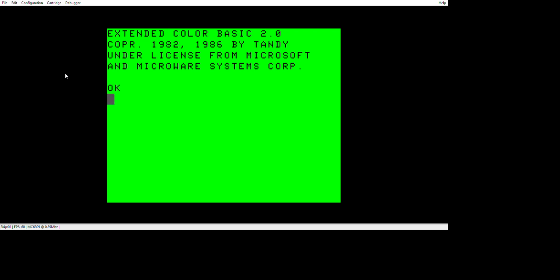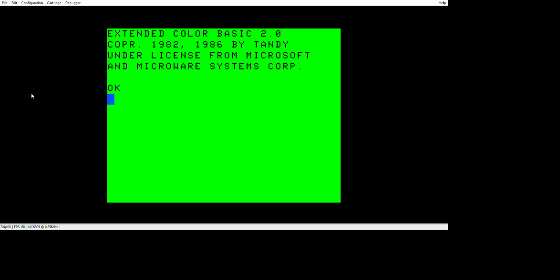They shorten copyright. I don't know why they would do that, but no, it's not copyright either. I'm not sure what that means. COPR? No idea. 1982, 1986 by Tandy, under license from Microsoft and Microware Systems Corporation. So I guess that's corporation.